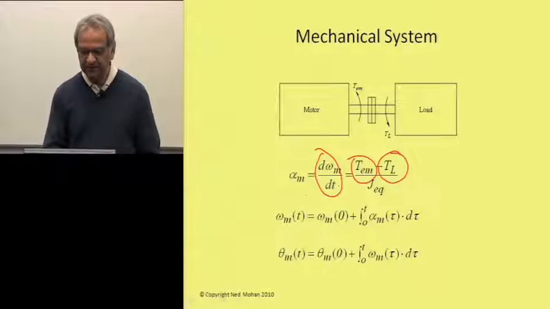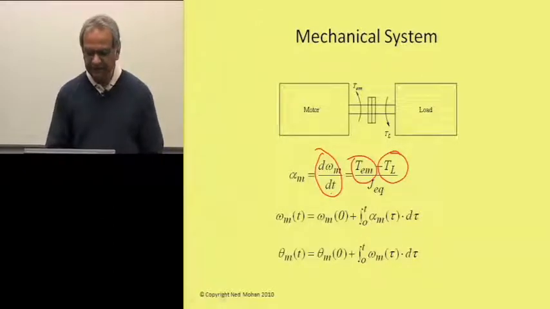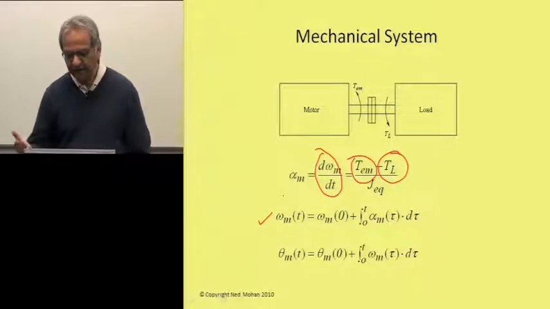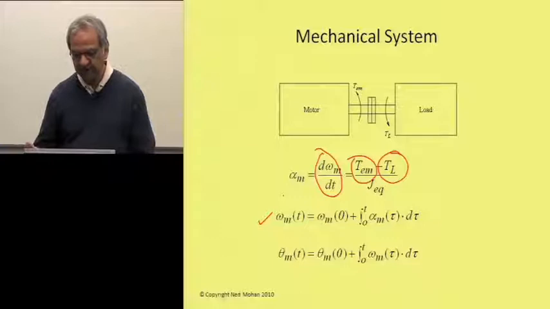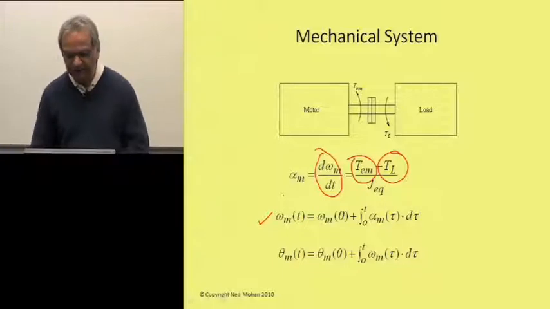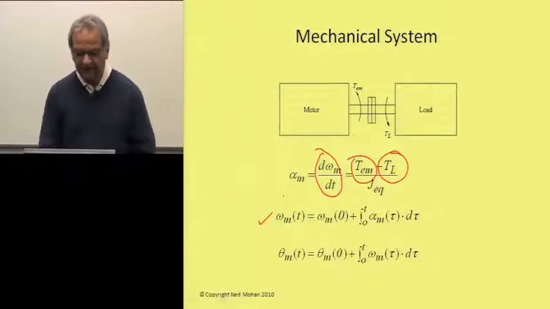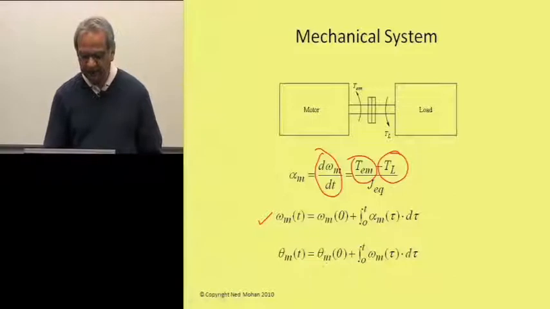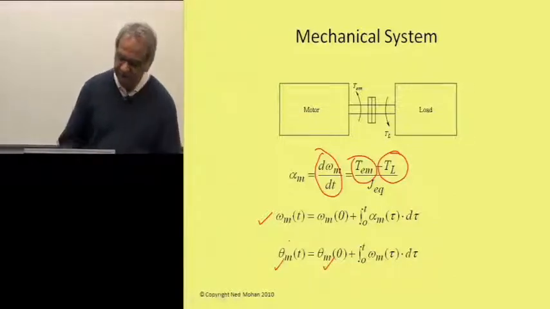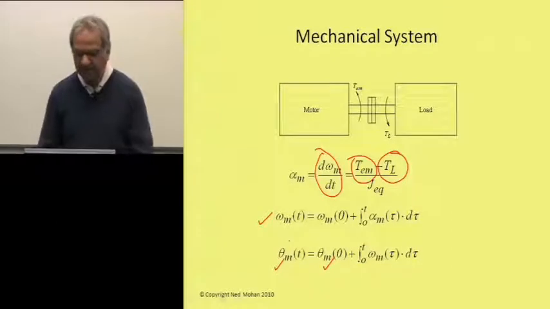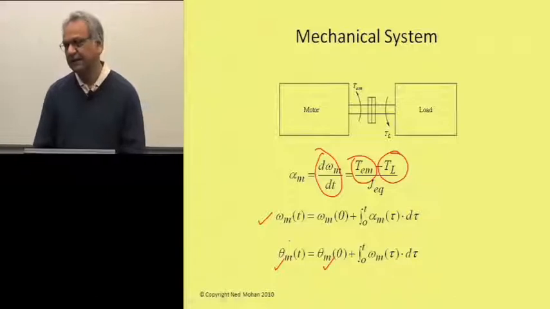So that's the acceleration, which is d omega dt, and therefore we can calculate what omega would be: the initial speed plus the acceleration over time. And similarly, knowing the speed and the initial position, we can calculate the position of the system at any instant of time t, which is the initial position plus the integration of the speed over time.